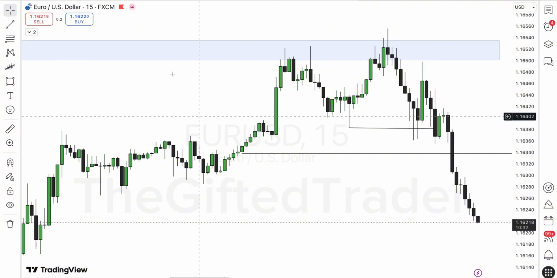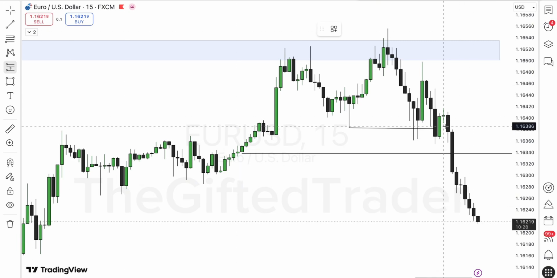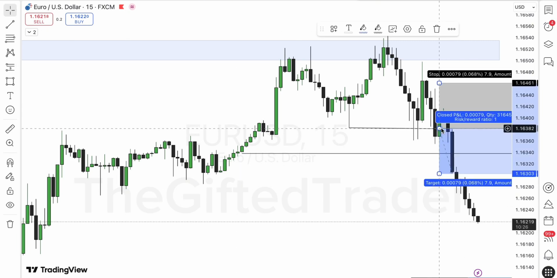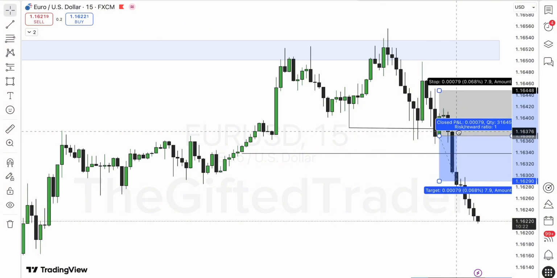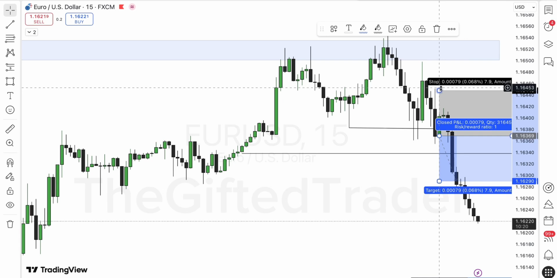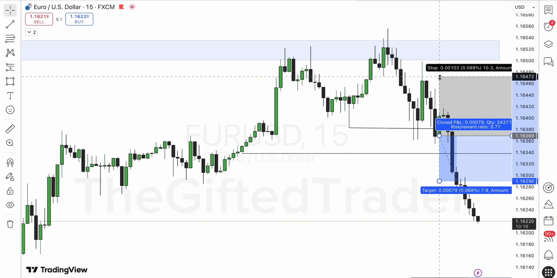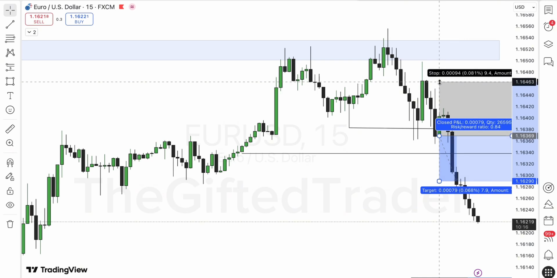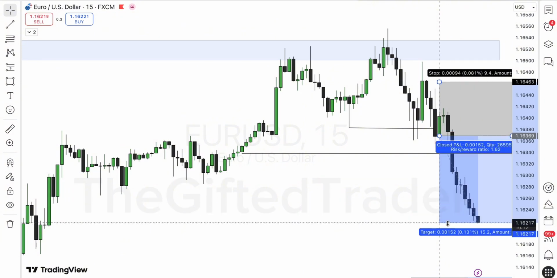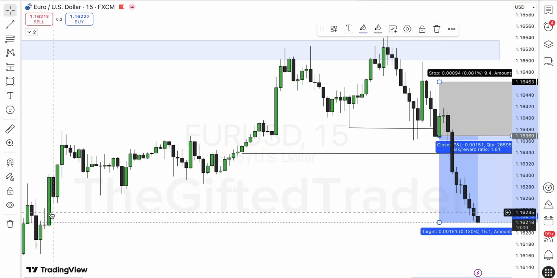Now, what most people can do is, if you don't want too much stress, after this break right here, after this candlestick closes, you can easily go for a 1:1, whatever suits you, or you can easily take it down to maybe this fair value gap right here.